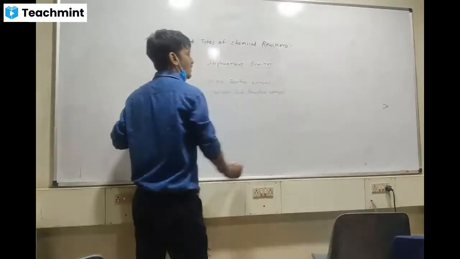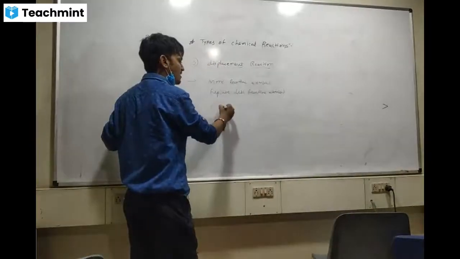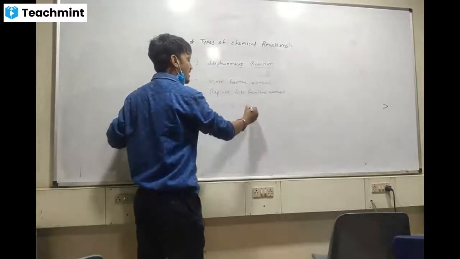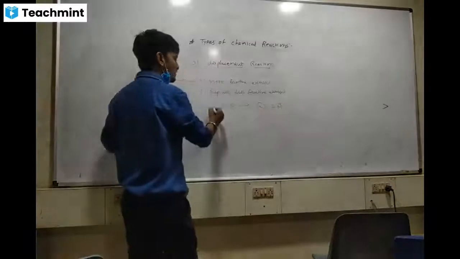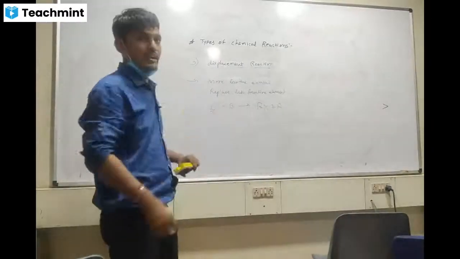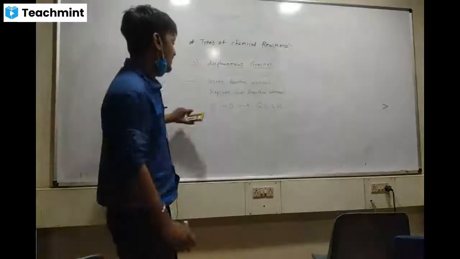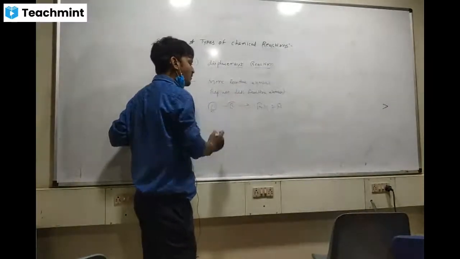So the general form of this reaction is AX plus B gives BX plus A. Here the position of A is replaced by B, and it happens only when the reactivity of B is more compared to A.